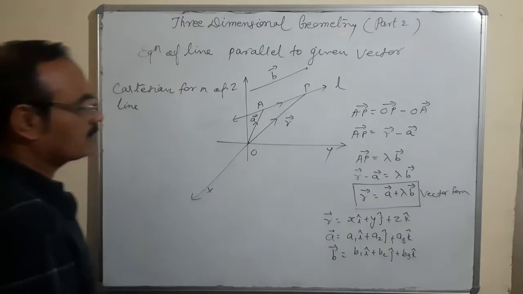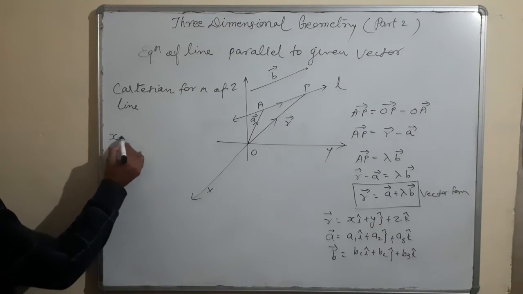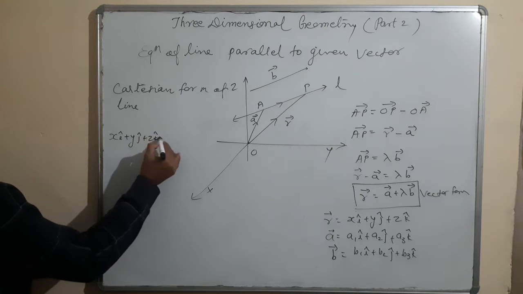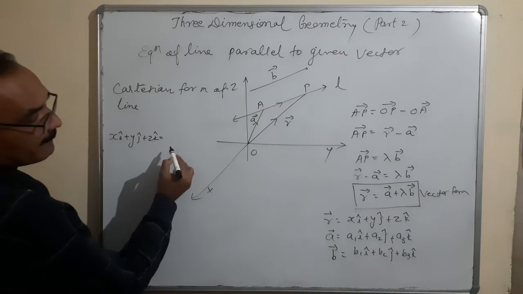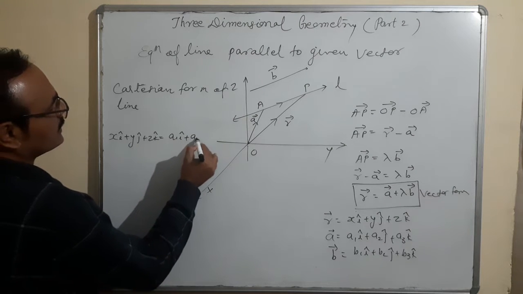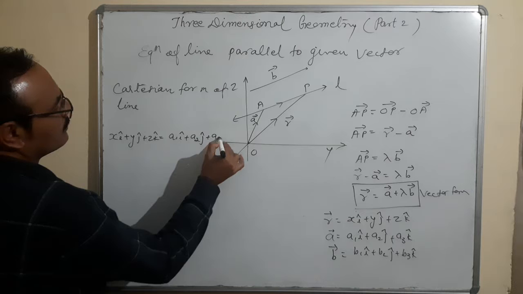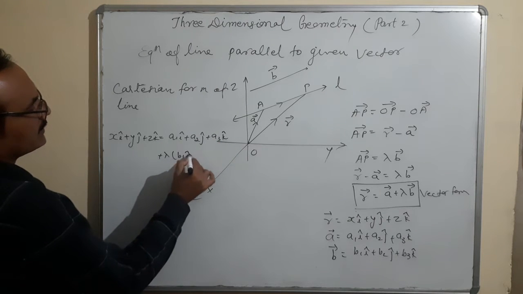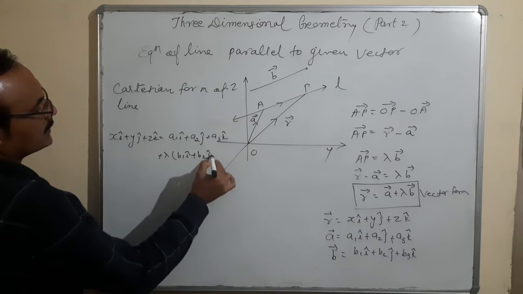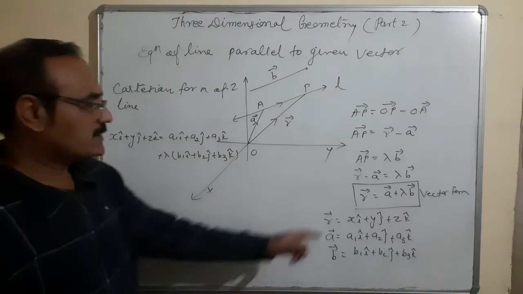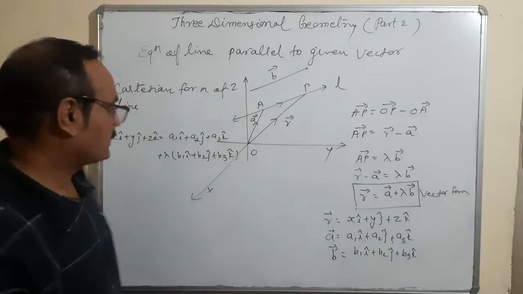So vector r, xi plus yj plus zk is equal to a1i plus a2j plus a3k plus lambda times b1i plus b2j plus b3k. This is the substitution of the r, a and b vectors in this equation.